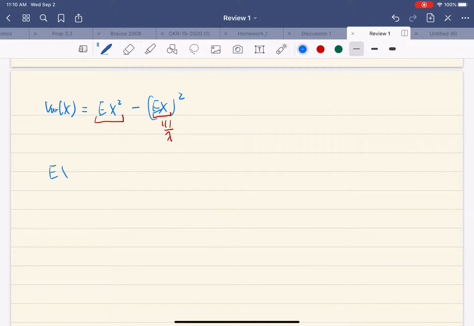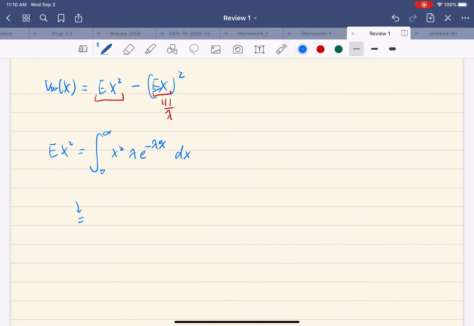So let's do this. By the definition, this can be the integral of x squared lambda e to the negative lambda x dx. We let y equal lambda x. So it can be like this: 1 over lambda squared times the integral of y squared e to the negative y dy.